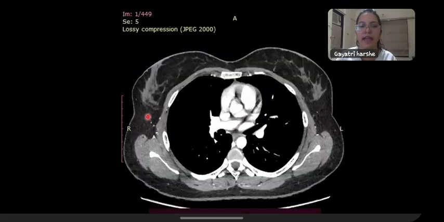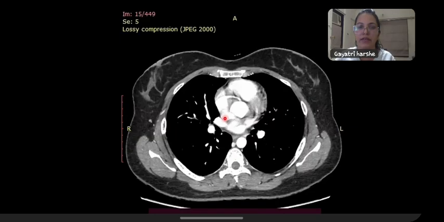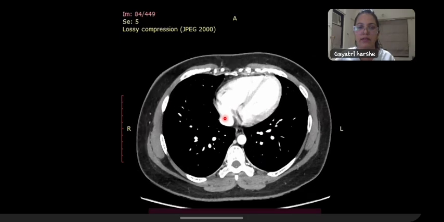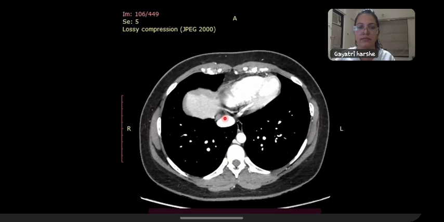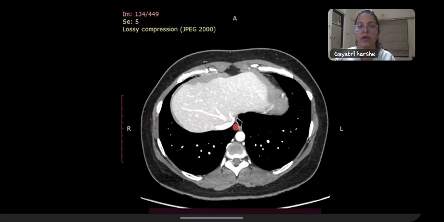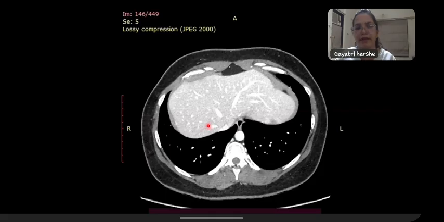Moving forward, I will show this on CT axial section, how we can identify the liver segments. On the CT axial section, what we can see here is the left hepatic vein. This is the middle hepatic vein, and this is the right hepatic vein.